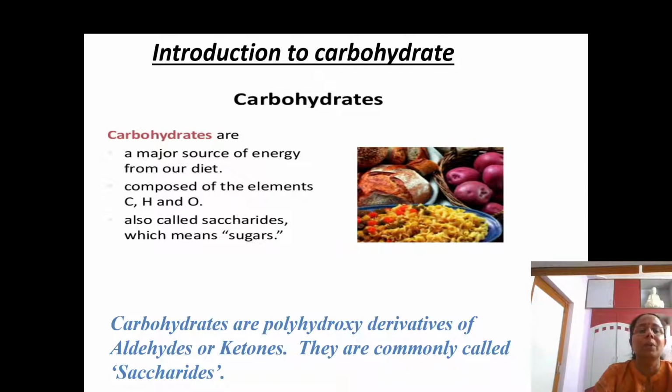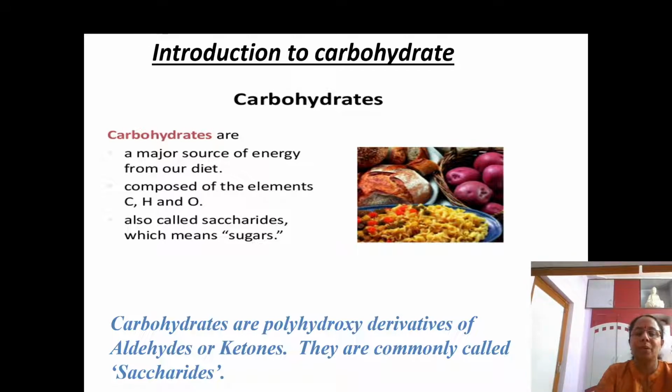Now, coming to carbohydrate metabolism. In this session, I am going to mainly deal with carbohydrate metabolism. You know, carbohydrates are the major source of energy from our diet. They are composed of carbon, hydrogen, and oxygen, and are also called saccharides, which means sugars.